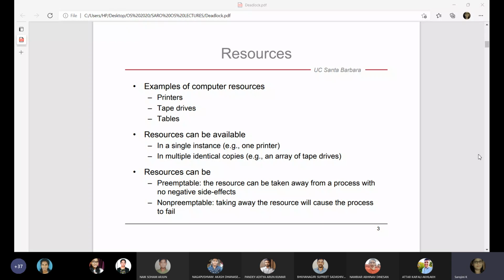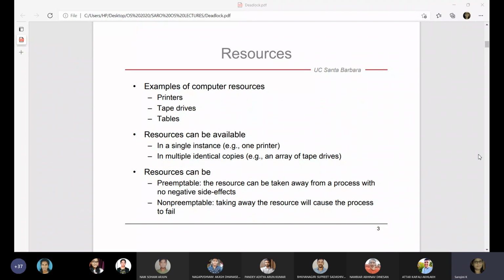The resource can be anything, a hardware resource or a software resource. A software resource means, for example, a database table, or some particular record in the table. Any resource, we are not going to mind whether it is hardware or software.